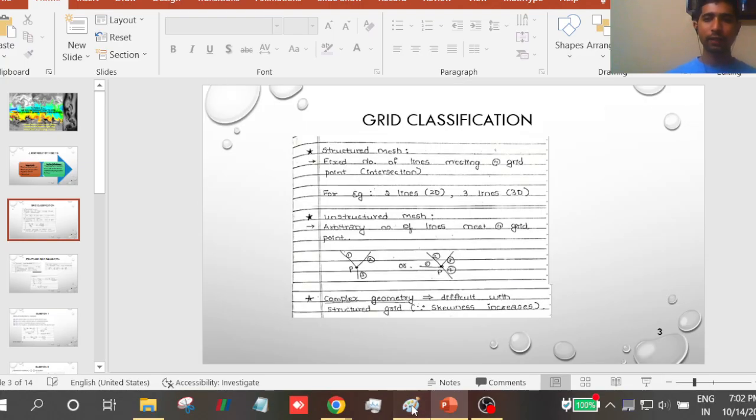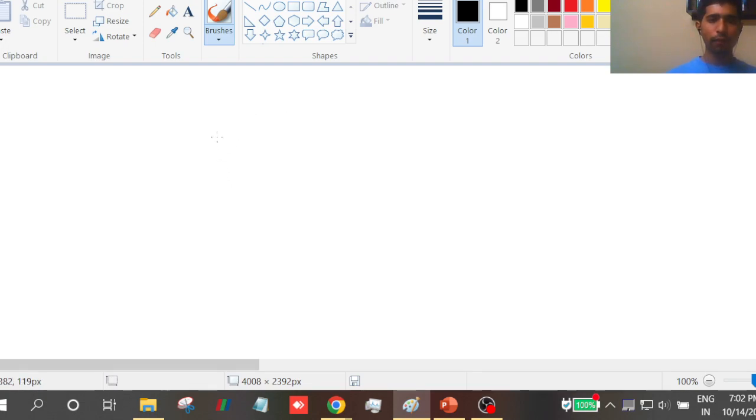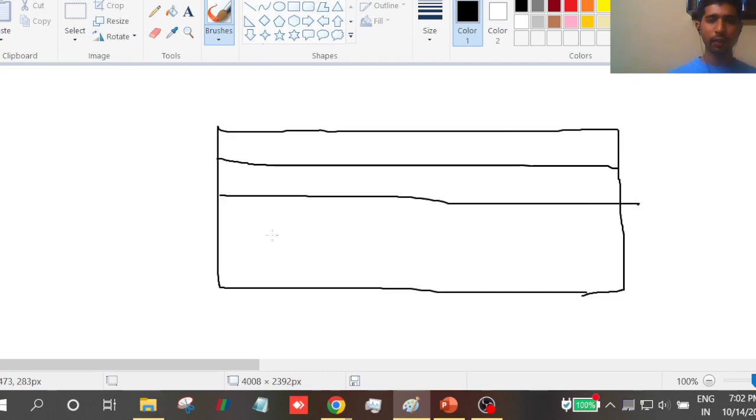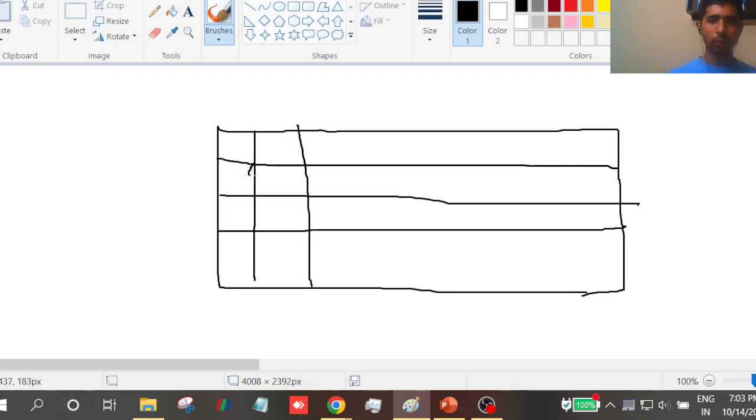Just to give an example, I have a rectangular domain. Assume that this is a channel flow problem and this is my domain. Now I divide the domain in such a way that whatever points I take in this particular domain, if you see this intersection point, there are mainly two lines which are meeting at this intersection point.